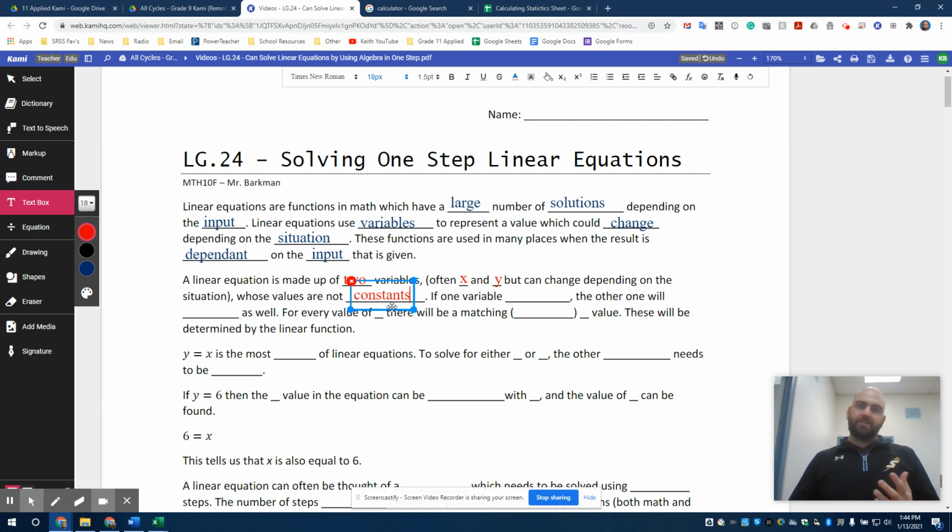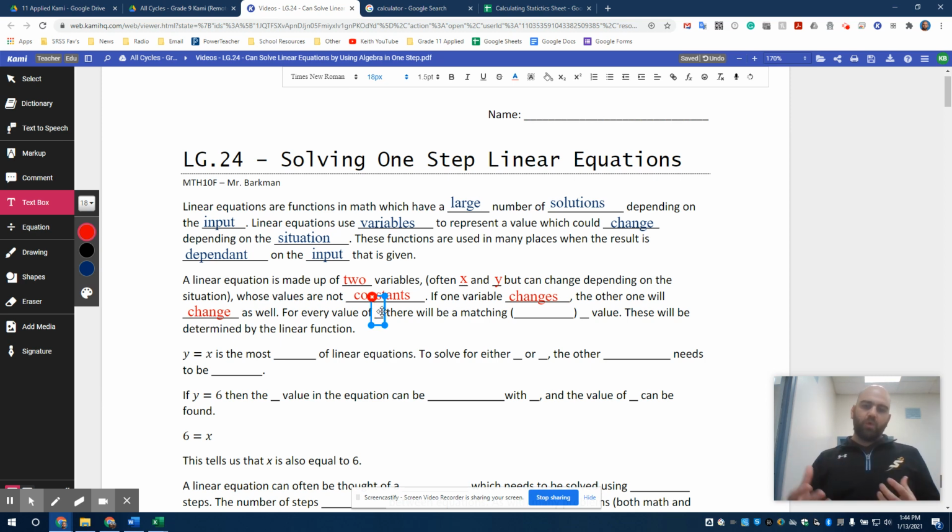Again, they change. That's the whole term variable. If one variable changes, the other one will change as well. So in a linear equation, if we change one value, the second value is going to change as well.